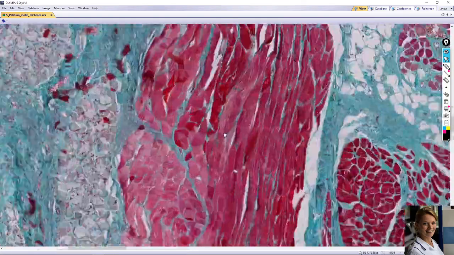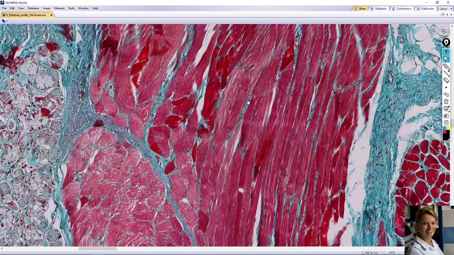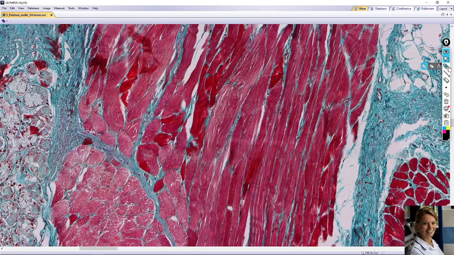For example, here you can see, on the longitudinal section of skeletal muscle fibers, the striation, changing darker and lighter bands, and very important, the nuclei of the skeletal muscle fibers are in the periphery.